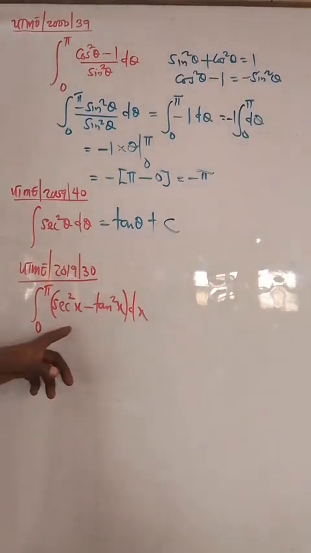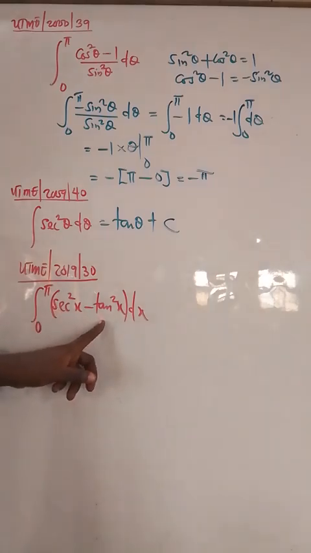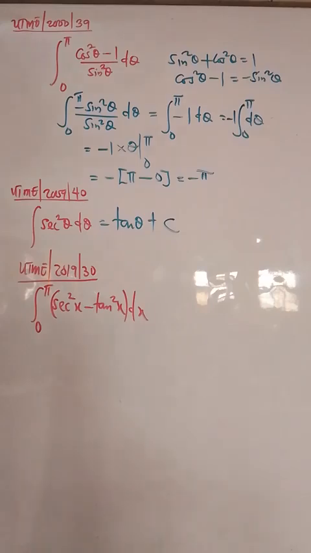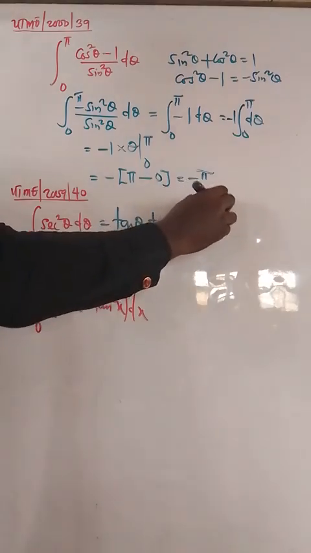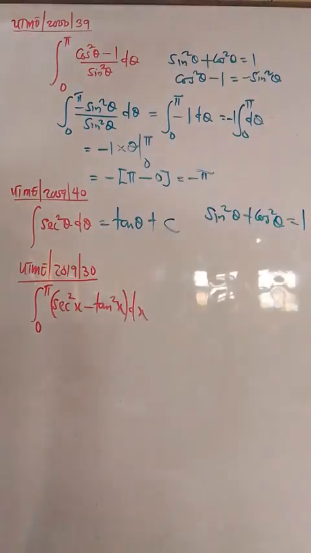Now for this one, we have sec square x minus tan square x. Note, on the table, I didn't give you the integration of tan square theta. It's not there. Although we can get it, it's not there. So what are you going to do here? We have to still apply trig identities. If you recall, sine square theta plus cos square theta is 1.